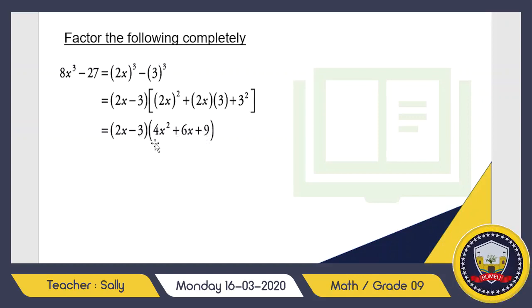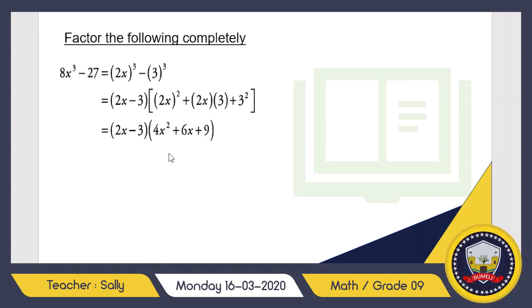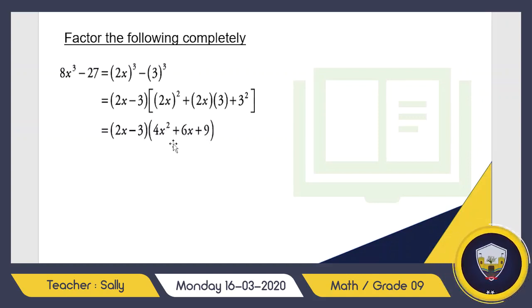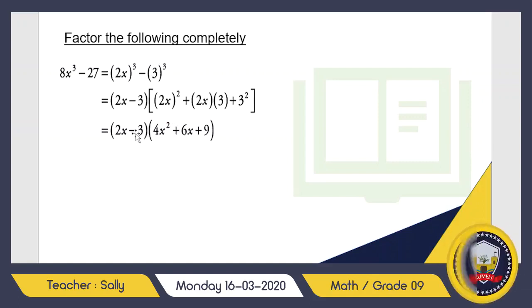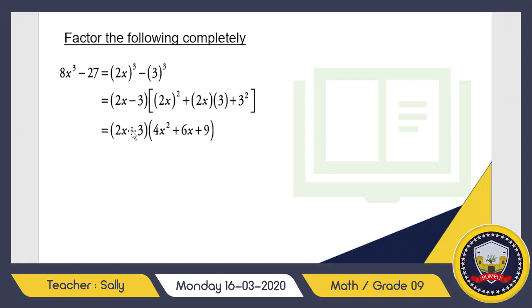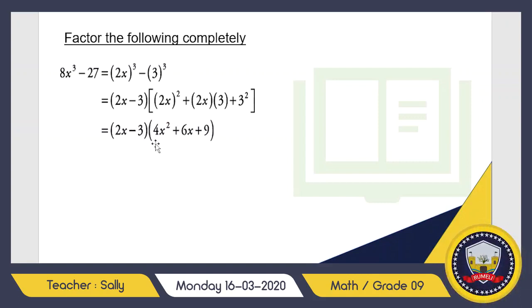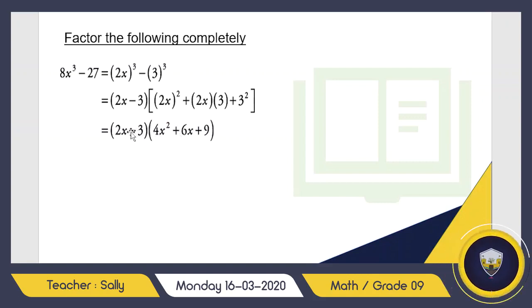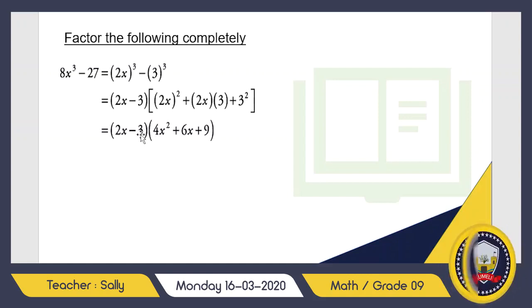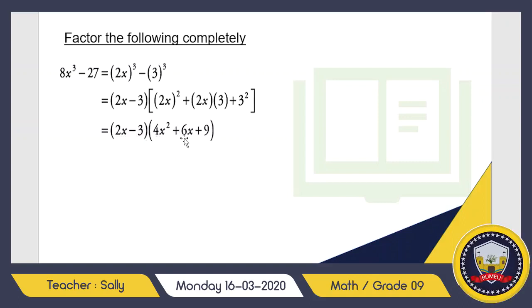What about the middle term in the second bracket? As we said, I just put the opposite sign of the first bracket. Here it is negative, so I will put positive. Then I multiply the first term by the second term. 2 times 3 equals 6. 6 times x is 6x.